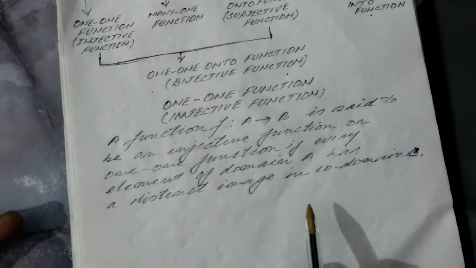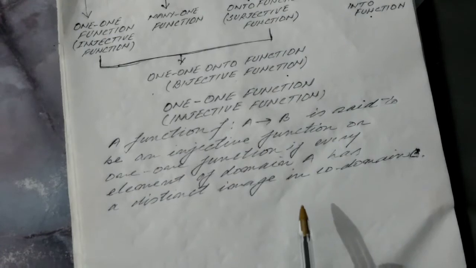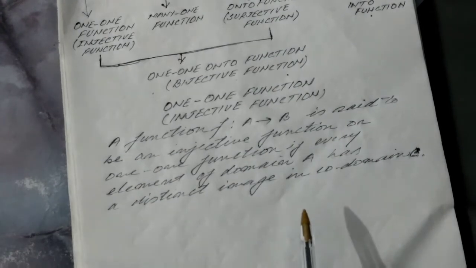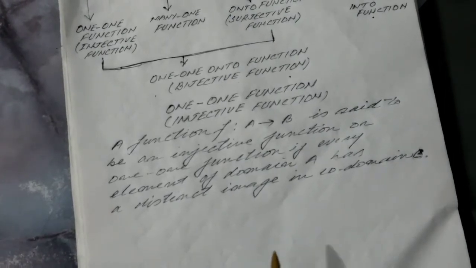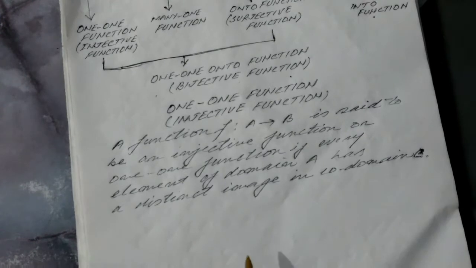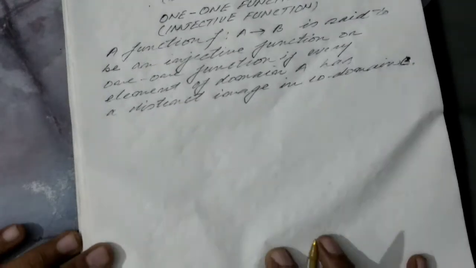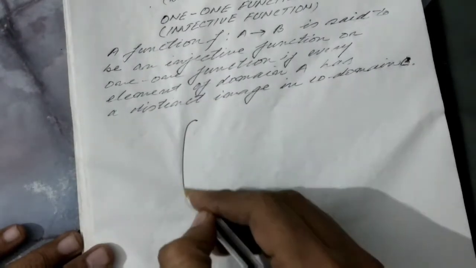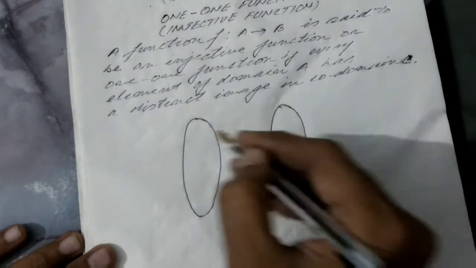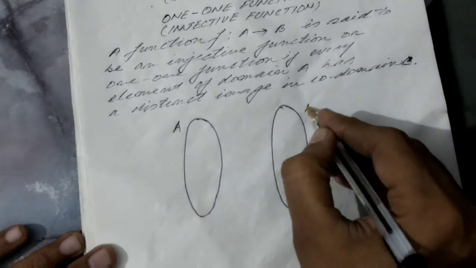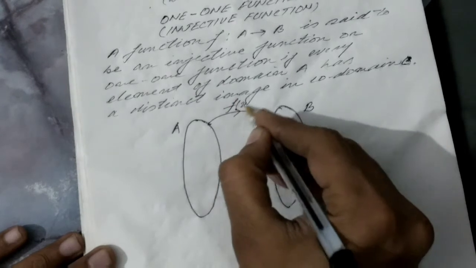Or in other words, we may say that if a function is such that no two elements in domain have a common image in codomain, it is said to be a one-one function. Diagrammatically, if we show this, say this is domain A, this is codomain B, and this is the function f(x).